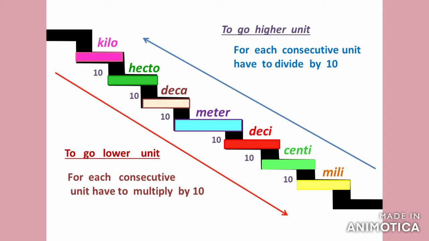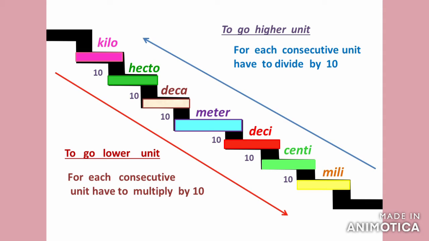Similarly, when we go to a lower unit from any slab to another slab, from any unit to another unit, for each consecutive next unit we have to multiply by 10. Suppose 8 decameters, and we want to convert it to centimeters.